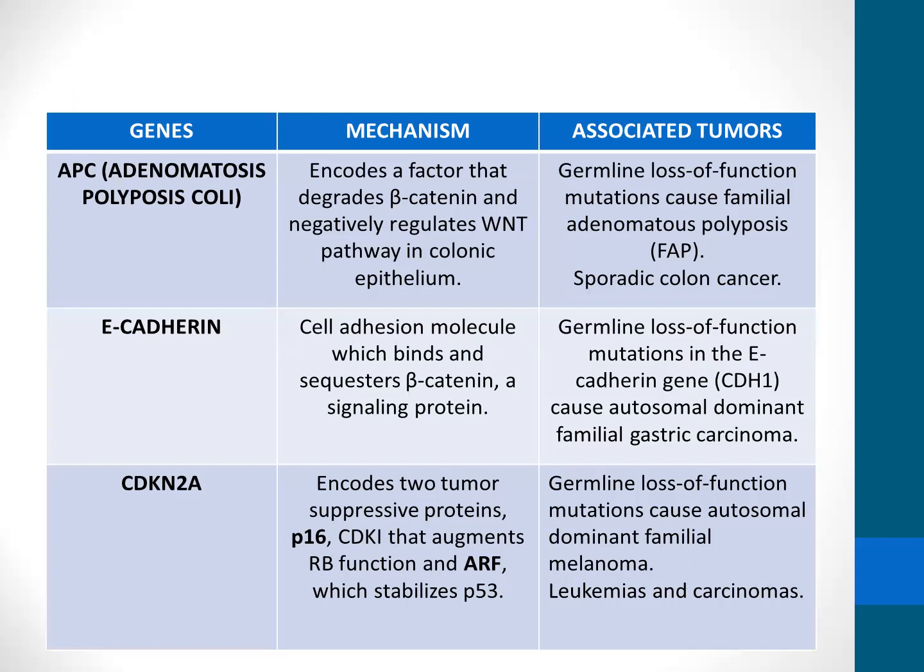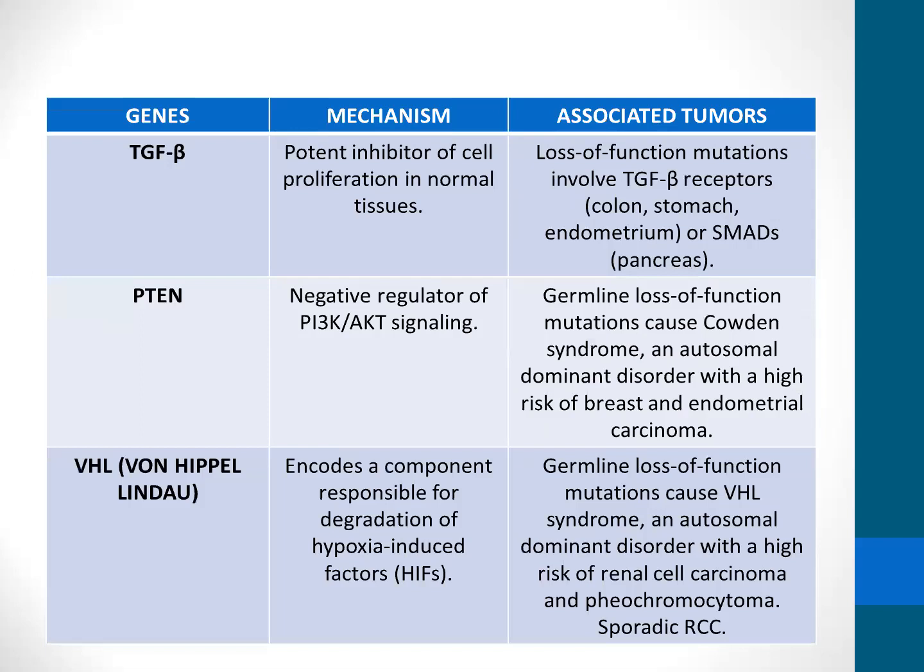The cyclin-dependent kinase inhibitor 2A gene is associated with familial melanomas and leukemias. Transforming growth factor beta is another tumor suppressor gene associated with tumors of the GIT and endometrium. PTEN is associated with the risk of breast and endometrial carcinoma. The VHL gene is associated with renal cell carcinoma and pheochromocytoma.